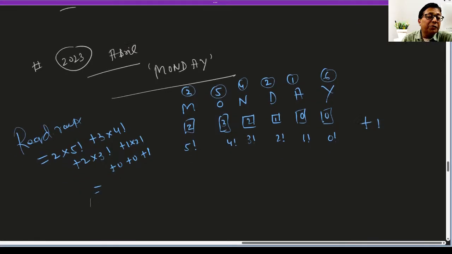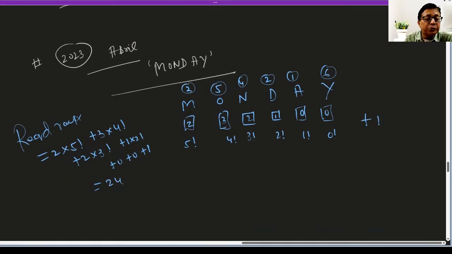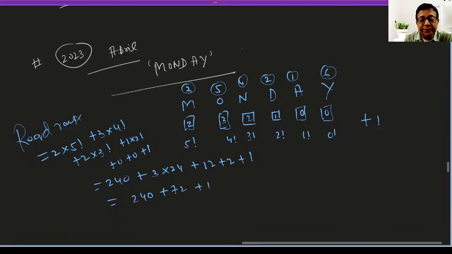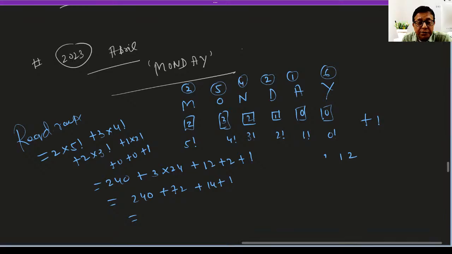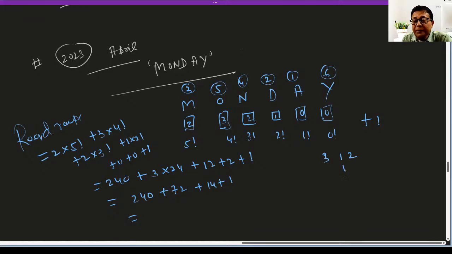So 5 factorial is 120, you know. So it will be 240. 3 into 24, 2 into 6, plus 2 plus 1. So 240, 72, 14 plus 1. So this is 312 plus 15.